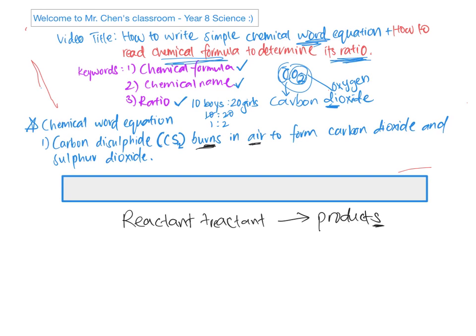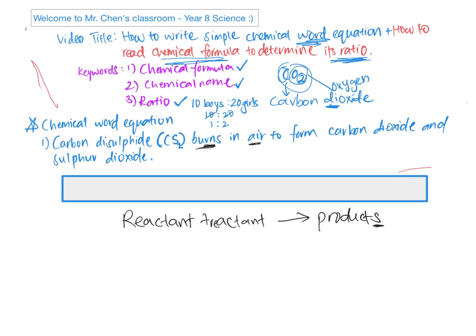I want you to take a minute to think about what is actually formed. The things that are formed in this chemical reaction, are they the products? And what are they? Once you finish thinking, I'm going to tell you the answer.